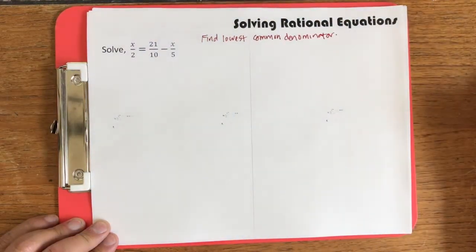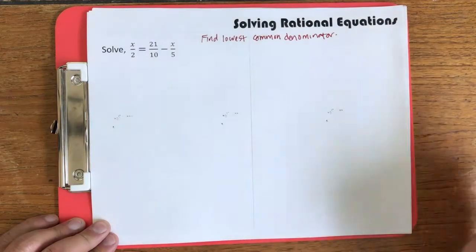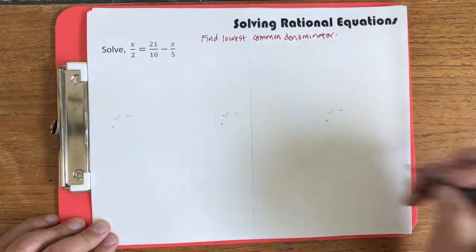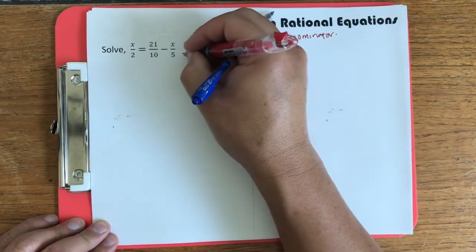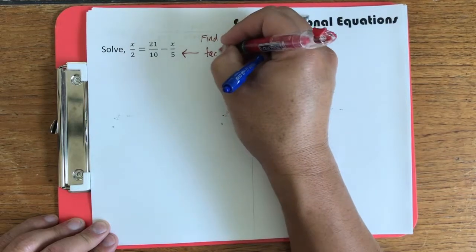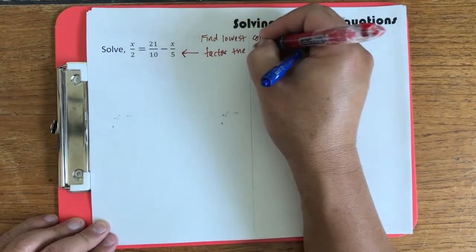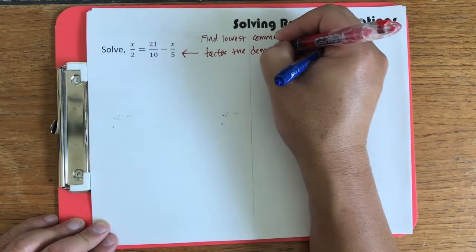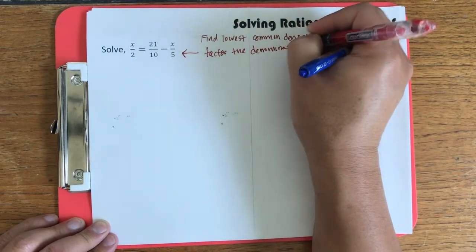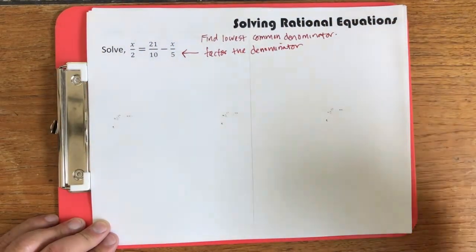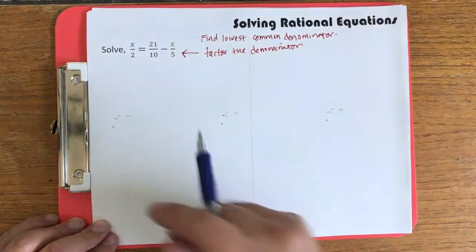Now, the way I'm going to find a lowest common denominator in this problem is I'm going to factor the denominator. Now, I know a lot of you are wondering, well, why don't you just use 10? Because I can see that it's 10.